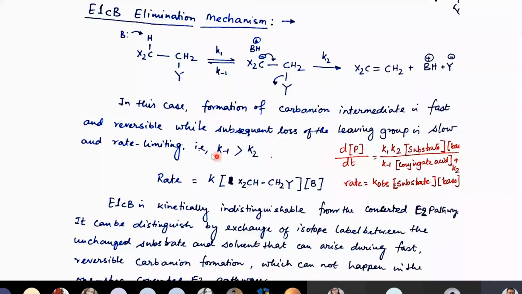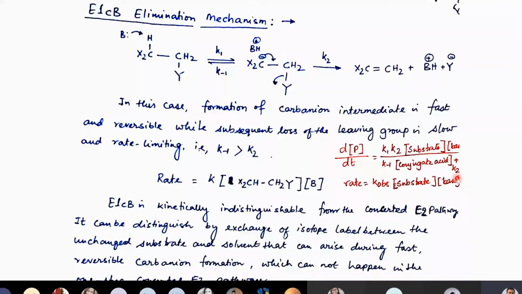Okay, so in this case, the rate becomes rate constant times the substrate concentration and concentration of B. How does this appear? Generally, for a two-step reaction, you can calculate the rate this way. The rate is equal to K1 and K2, both are there, times concentration of substrate times concentration of base, divided by K minus 1, the reverse reaction, times concentration of conjugate base, that is this one, plus K2.